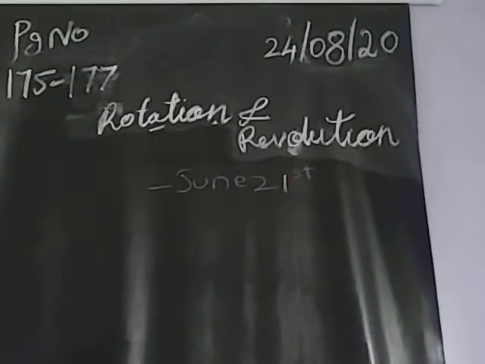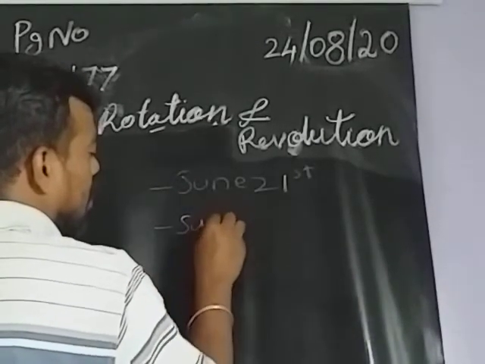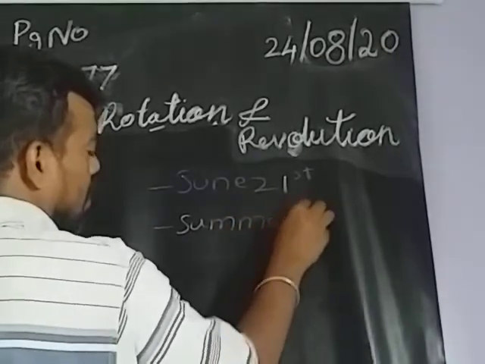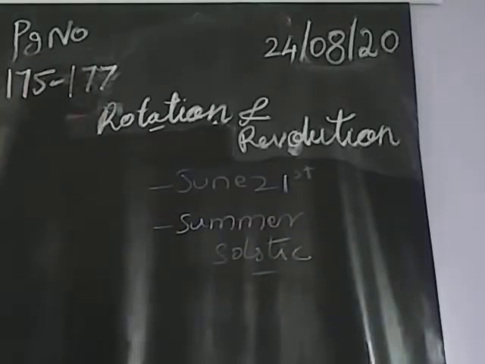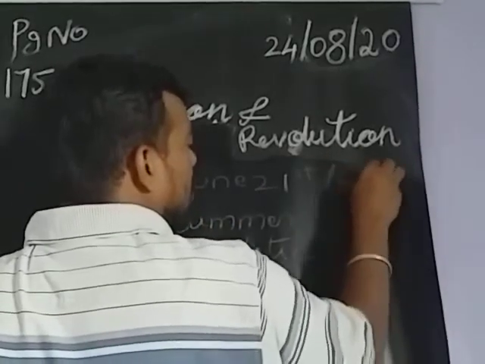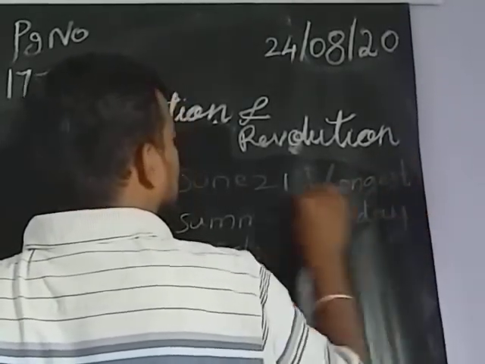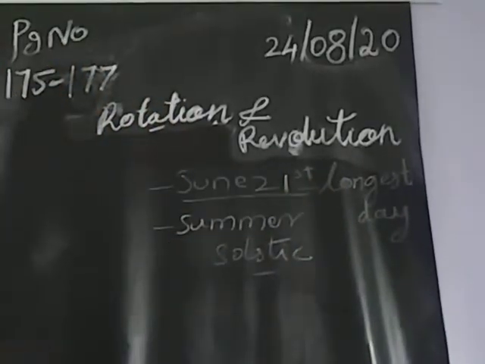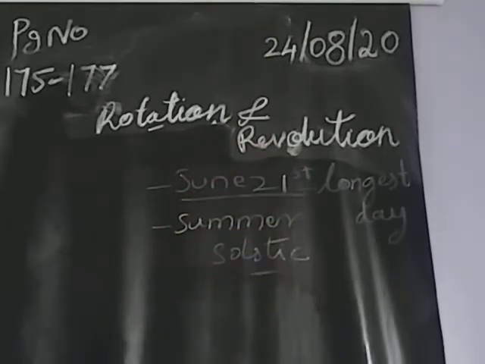So only that is called the summer solstice. If you get the longest day, the night time will be very less.